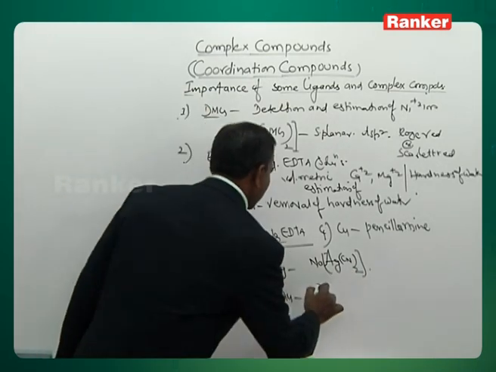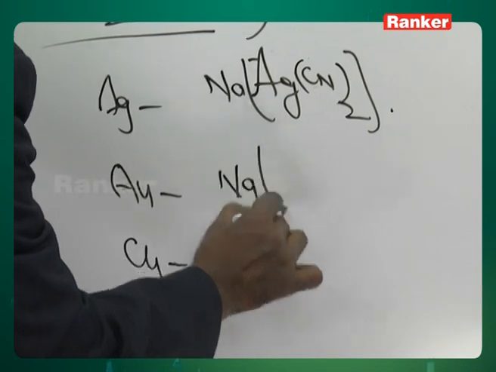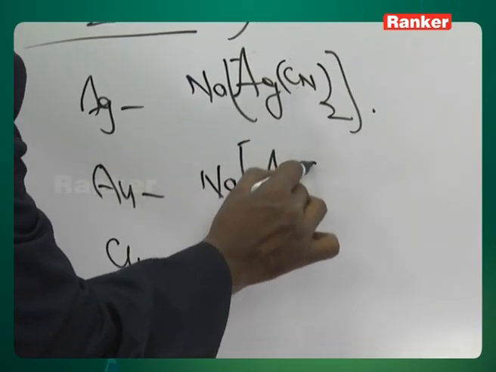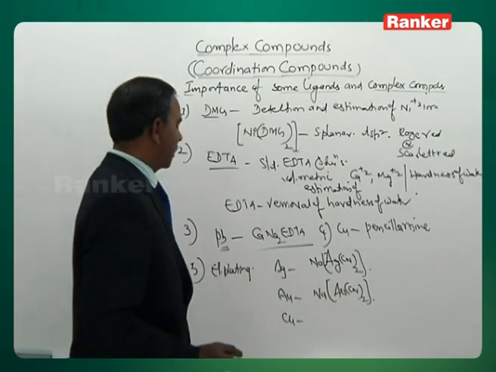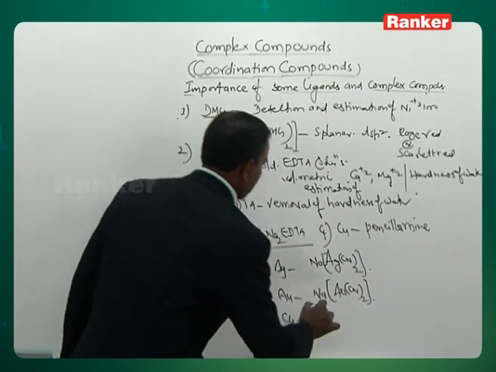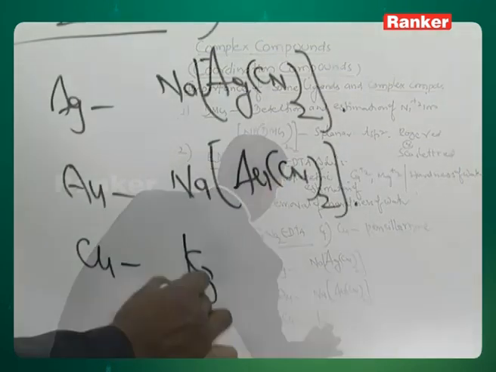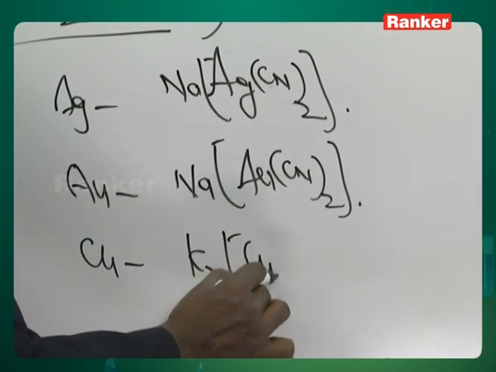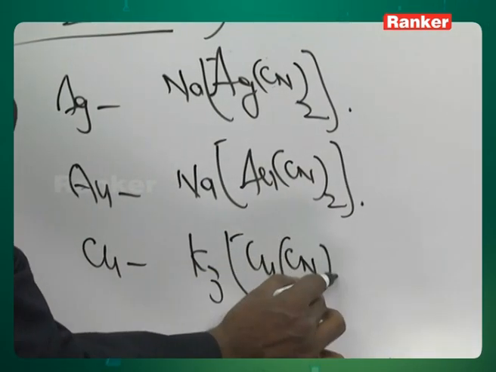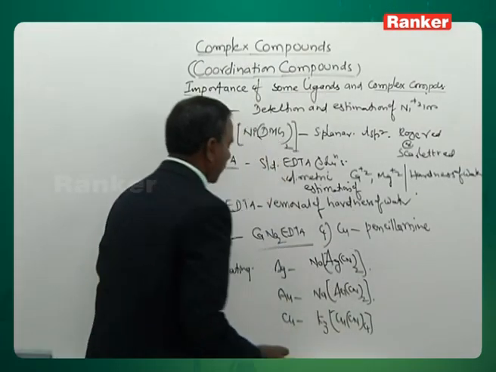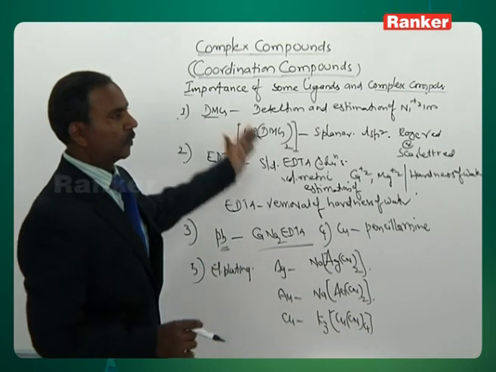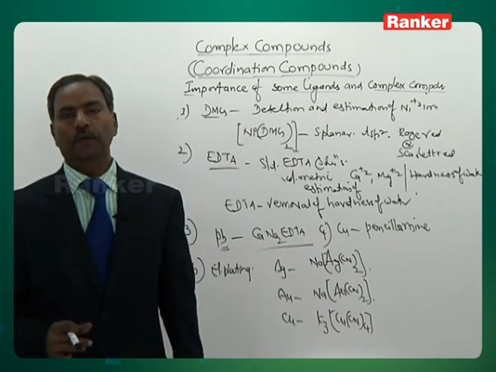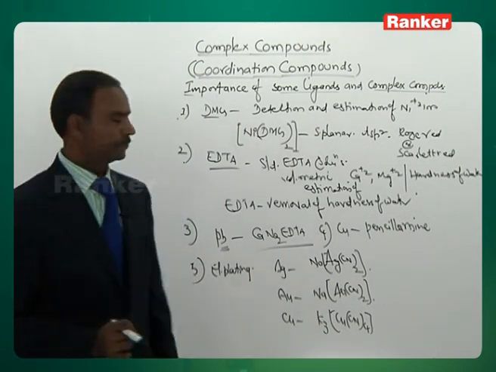Similarly, in the electroplating of gold, we use Na[Au(CN)2]. For the electroplating of copper, remember, K3[Cu(CN)4], which is a copper 1 complex. These complexes are used for the electroplating of the respective metals: silver, gold, and copper.